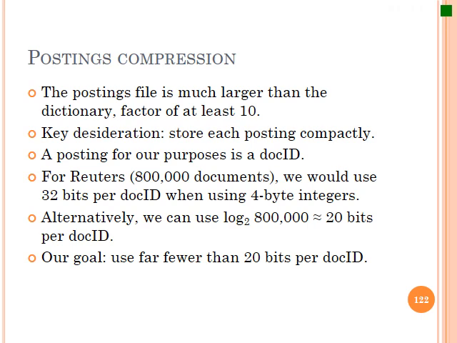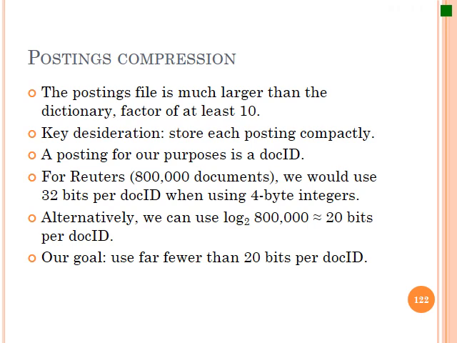So the key consideration is that you want to store each posting compactly. And a posting for our purpose is a document ID, which is a number. In this particular case, we have like 800,000 documents.